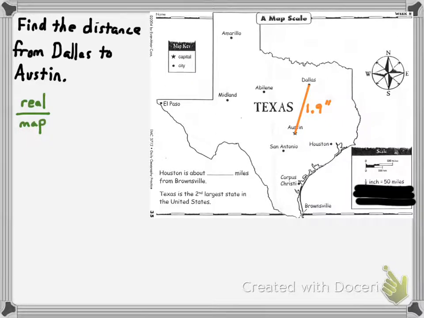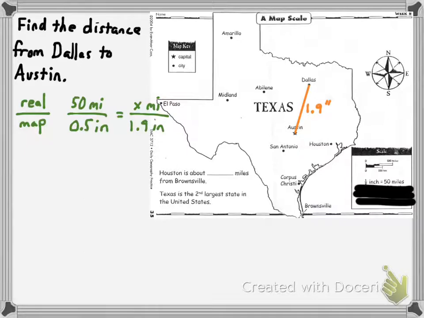In real life, 50 miles is 0.5 inches on the map, correct? So, in real life, how many miles would it be if on the map there are 1.9 inches? See how that worked out? The ratio between the real life and the map is our scale factor, essentially.